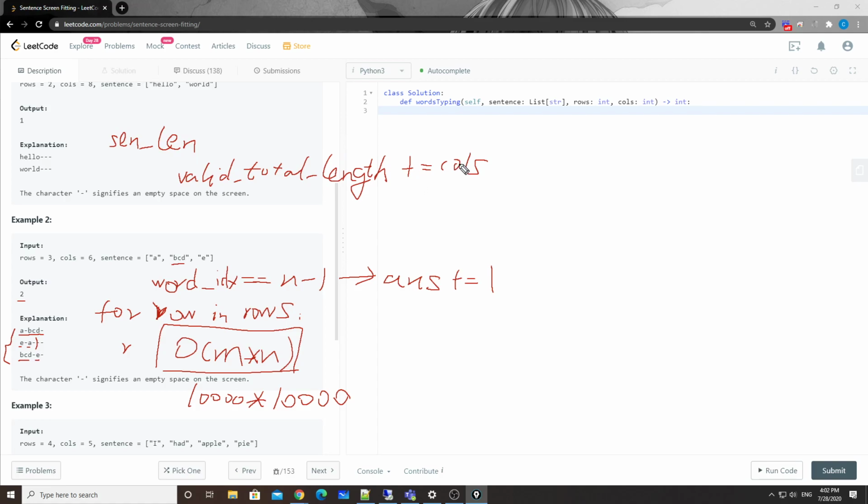After we add the current column to the valid total length, we can take the updated total length and do a modular by the sentence length, and then we will get a relative position for this current sentence, right?